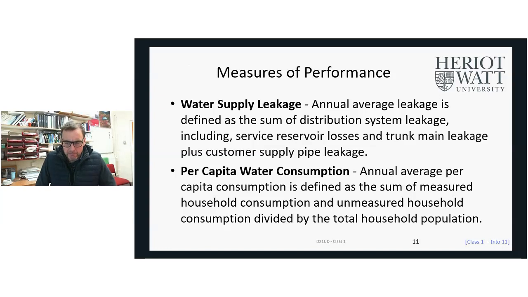And I think in maybe the late 90s, early 2000s, the leakage rate in Glasgow was around 50%, which is quite incredible. But when they built the new water treatment works, it was agreed by the regulator that the new treatment works had to be exactly the same capacity as the old one.